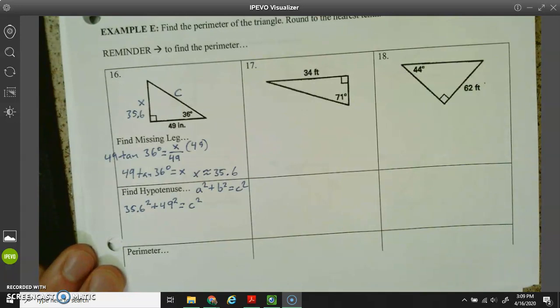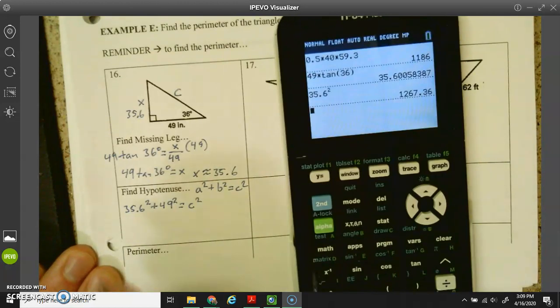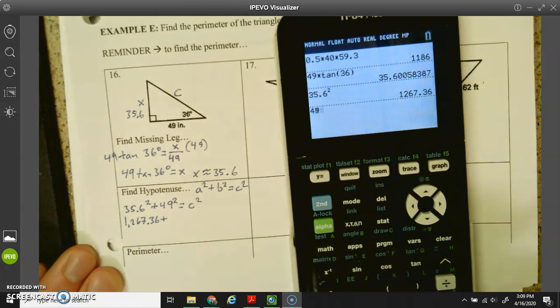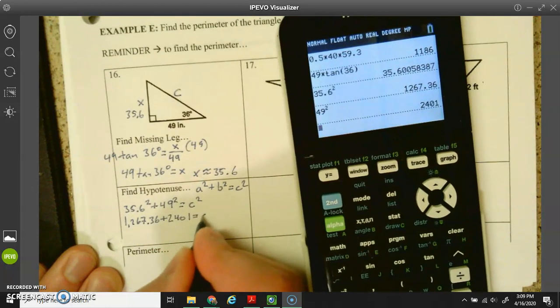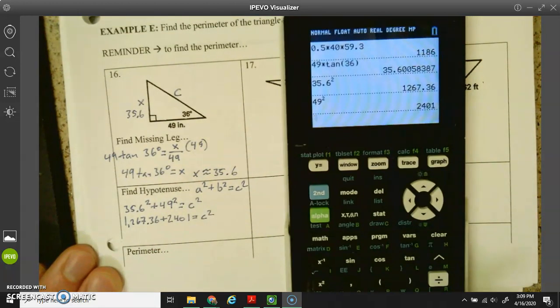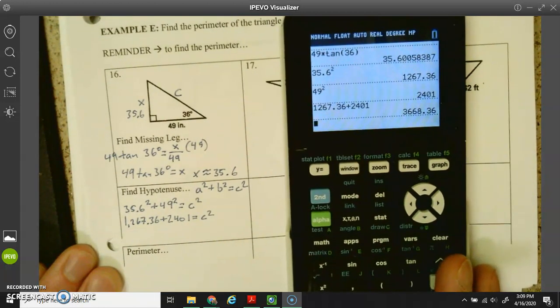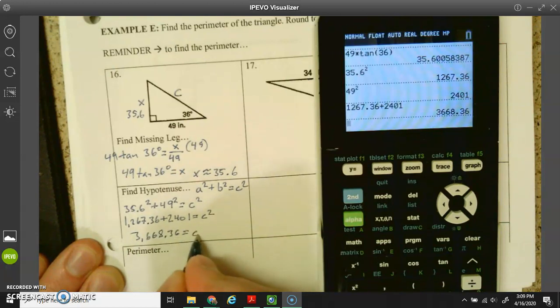So 35.6 squared gives me 1,267.36, plus 49 squared, so that's 2,401. That equals c squared. So if I add 1,267.36 plus 2,401, that gives me 3,668.36 equals c squared.